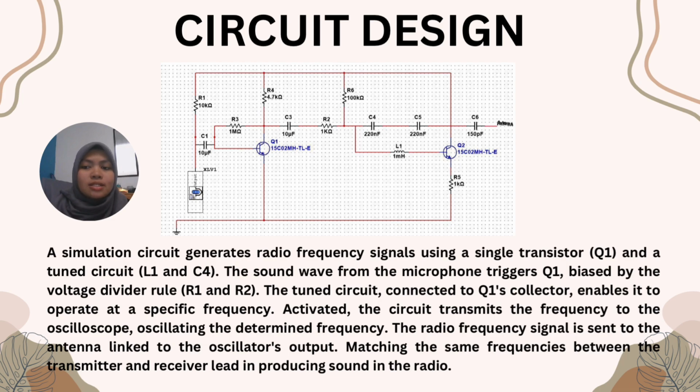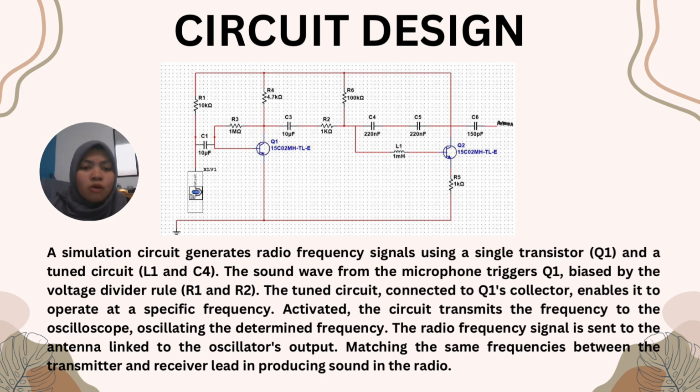So to understand how this circuit will generate the sound, the circuit will generate a radio frequency signal using a single transistor Q1 and a tuned circuit which is between L1 and C4. The sound wave from the microphone will trigger the Q1, biased by the voltage divider, which is R1 and R2. The tuned circuit will connect to the Q1 collector, and it will enable it to operate at a specific frequency.